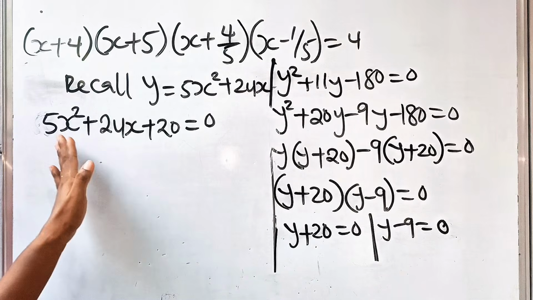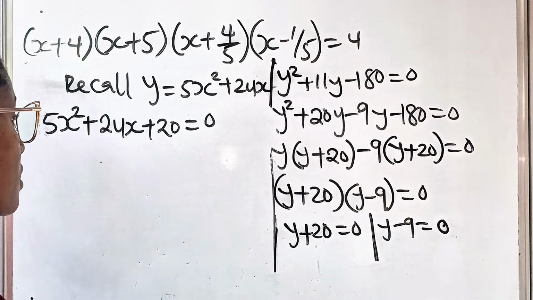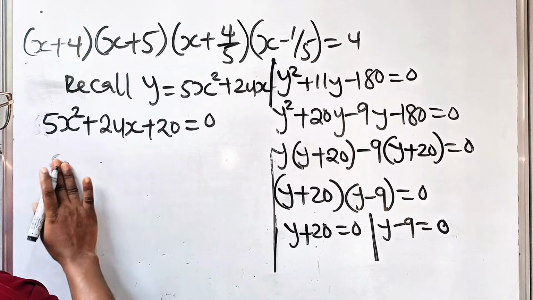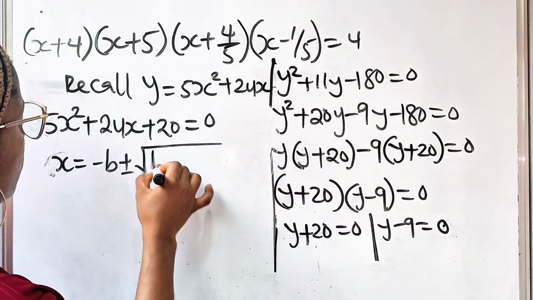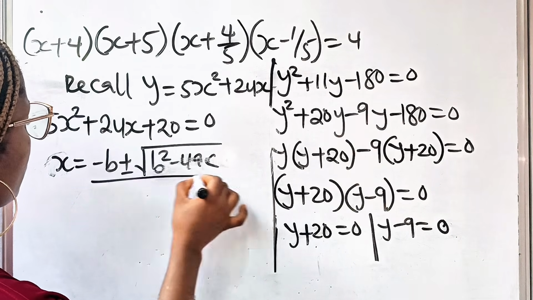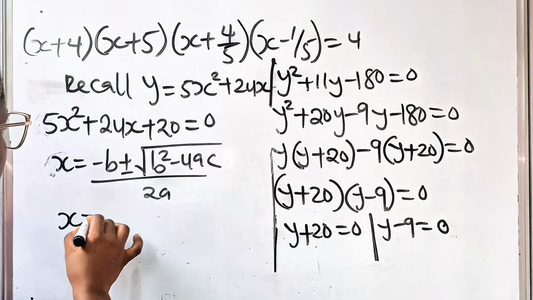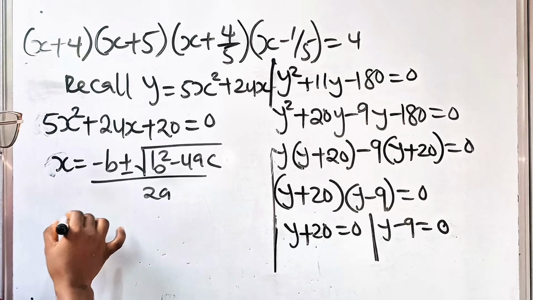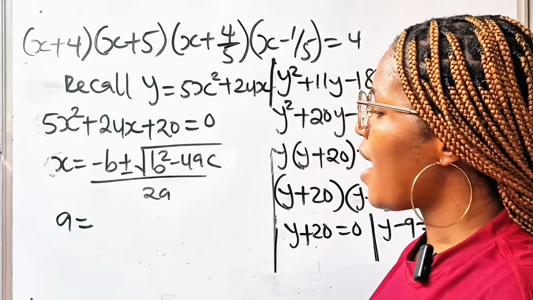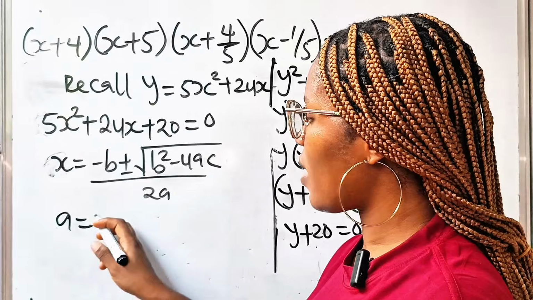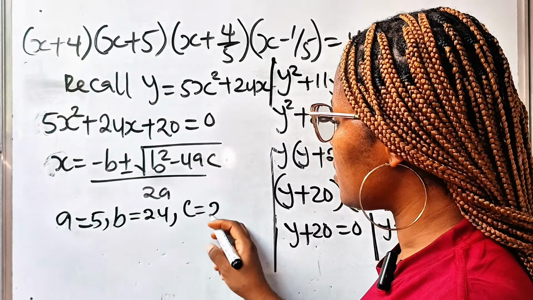Now, we are going to solve this using the quadratic equation formula. Yes, that states that x is equal to minus b plus or minus square root of b squared minus 4ac, everything divided by 2a. So that means a here is the coefficient of x squared, which is 5. b is 24, and c is 20.